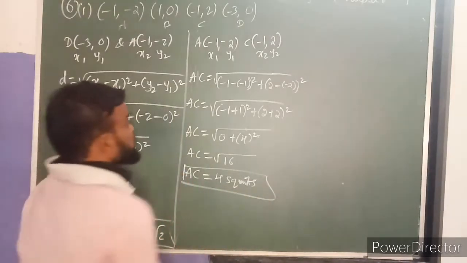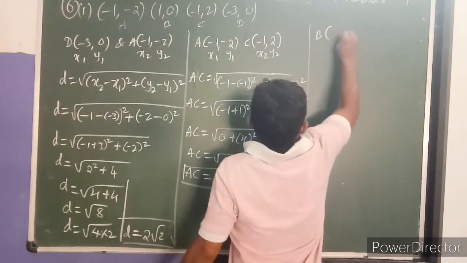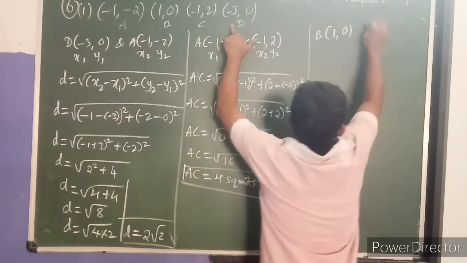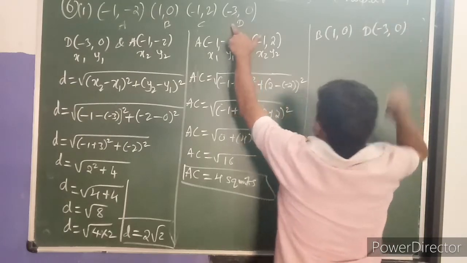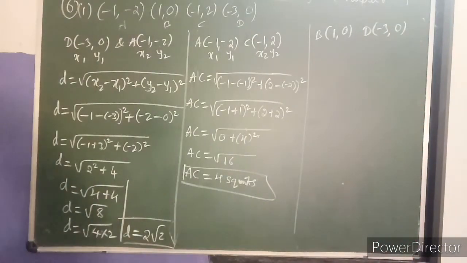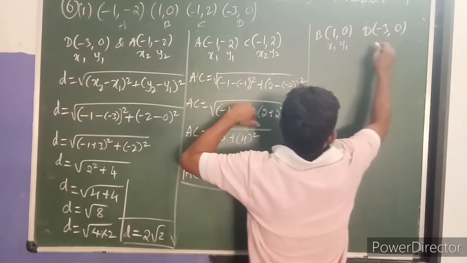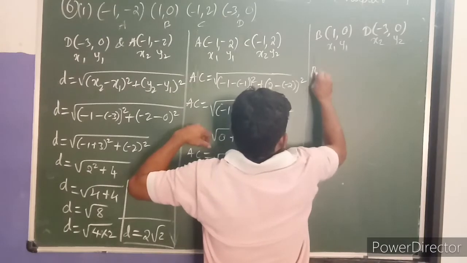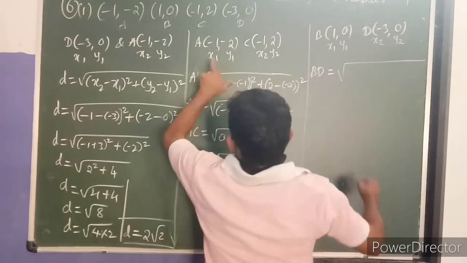Now we have to find the BD diagonal. What is the value of B? B is 1, 0, and D is -3, 0. Now, according to that, we have to take the distance. This is X1, Y1, and X2, Y2. In the distance formula, I am taking the values directly.